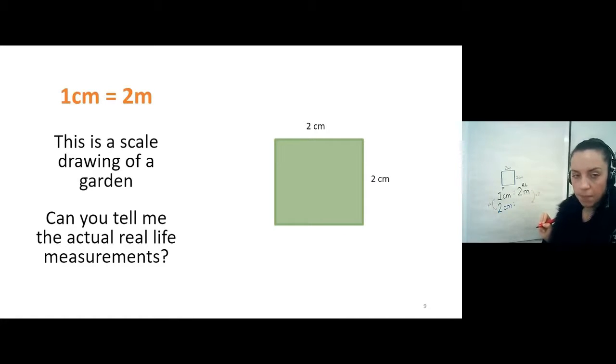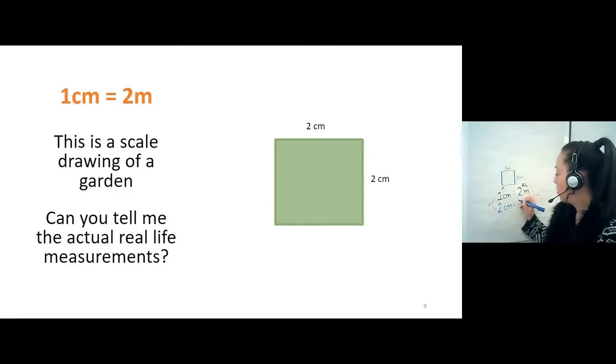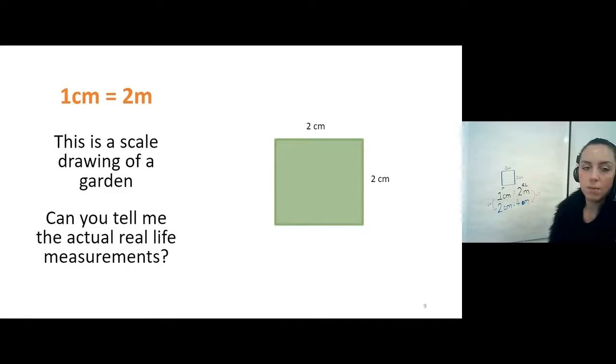Yeah? To give us 4. Sorry, metres. I apologise. 4 metres. Nearly, Chloe. We've got 4 metres on here. So if 1 centimetre is equal to 2 metres in real life, then 2 centimetres is going to be equal to 4 metres, because we've doubled it.